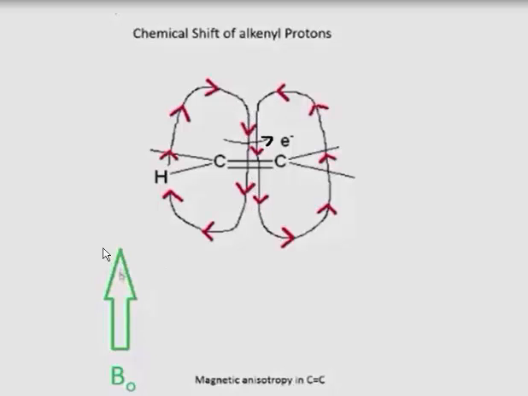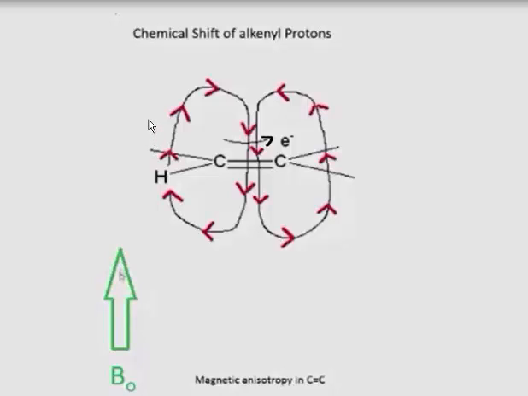Let's move around the magnetic field line loop to where the alkenyl proton is located, and you can see that the direction of the secondary field line is up and in the same direction as the applied magnetic field, so that the net magnetic field felt by this hydrogen is greater.